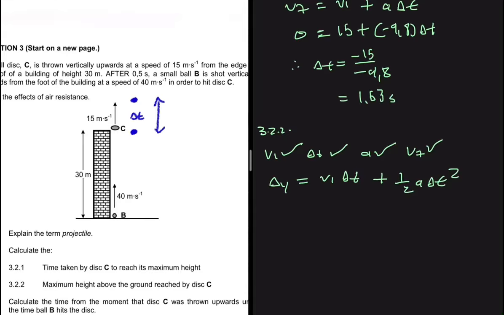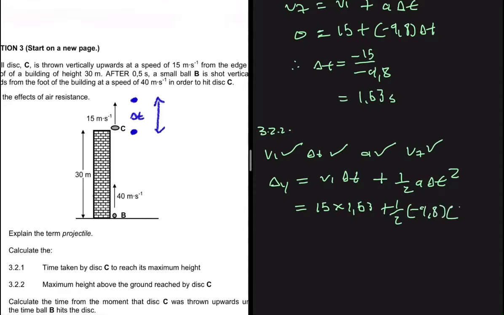If you're not familiar with the topic, you have to write the 4 formulas we have, and every time you have a question, you list the variables and then look at your formulas and see which one is going to work, right? So delta y will be equal to VI. VI is 15 multiplied by the time, which is 1.53, right? And then plus a half multiplied by the acceleration, which is minus 9.8.